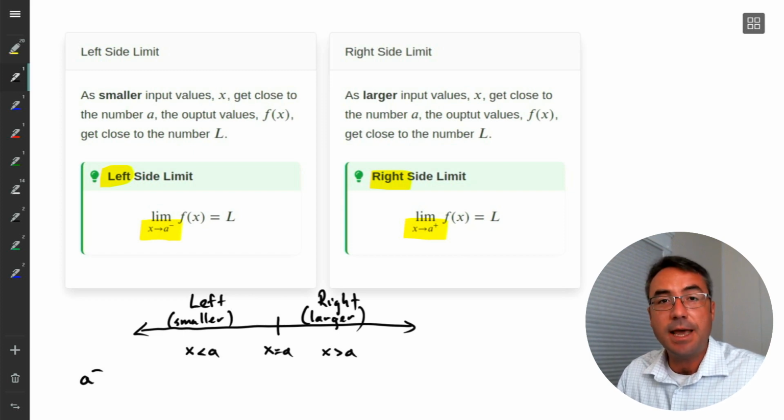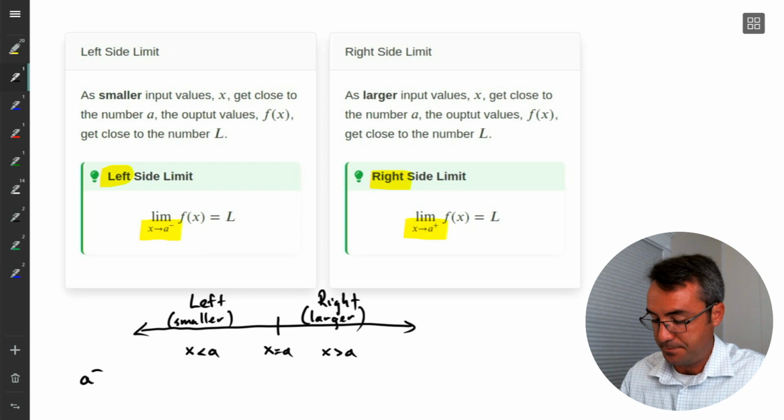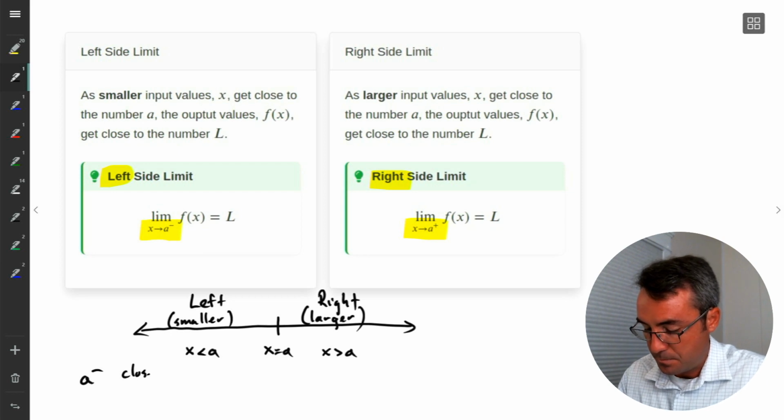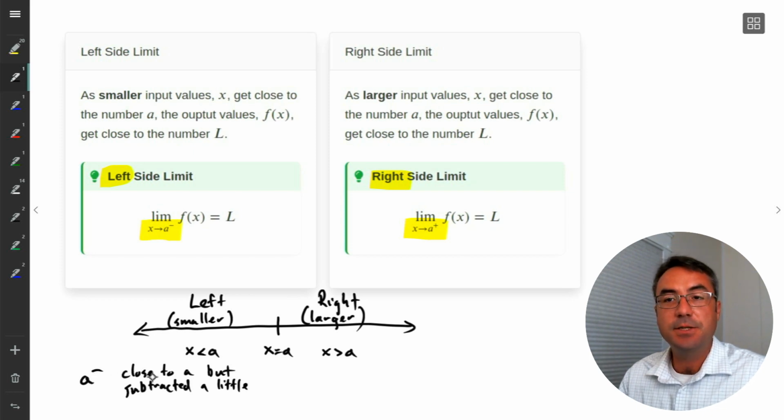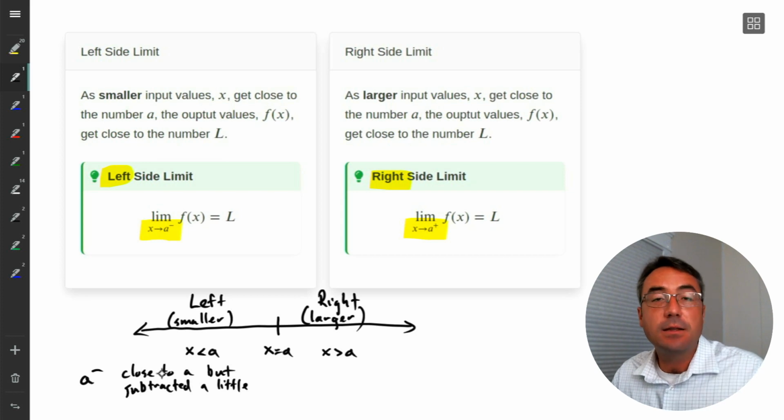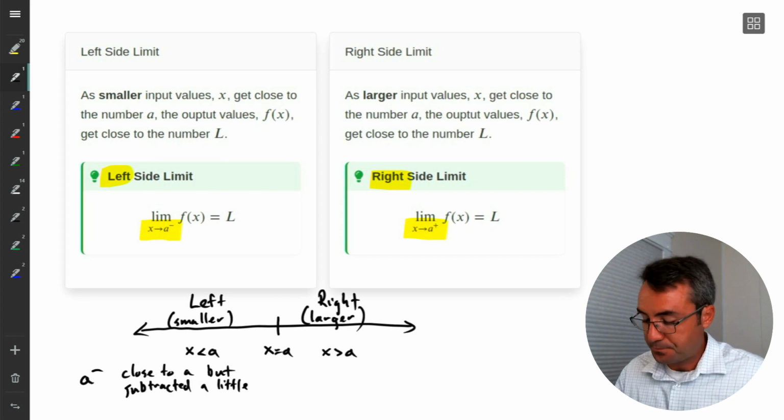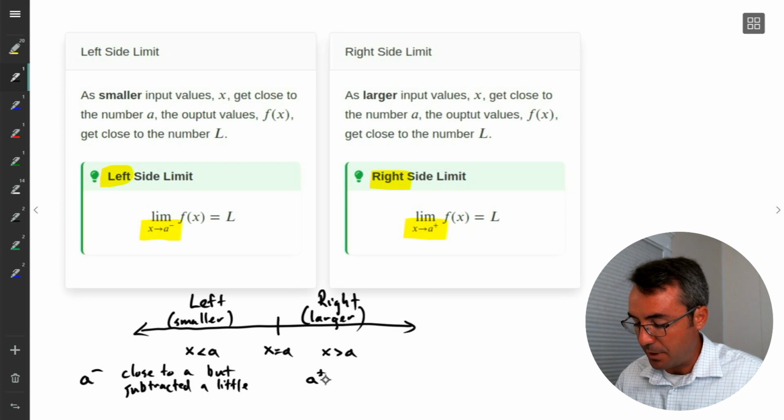Well, it means we're close to a, but we've subtracted a little bit. So the a with the minus there means we're close to a, but we've just taken a little bit away. We're slightly smaller.